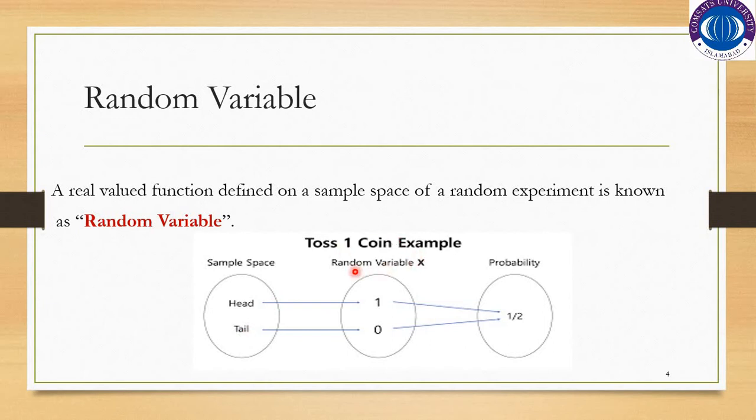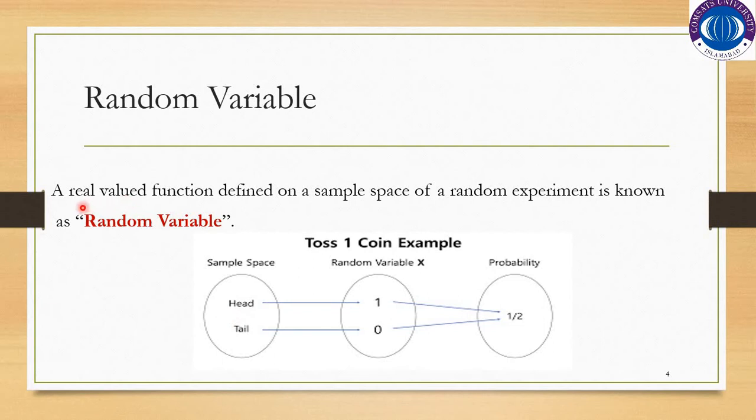Let us denote the random variable with X. You can find in some books it could be X, it could be Y, it could be Z. Usually the capital letters of the alphabet, and mostly the last capitals of the alphabet, X, Y, Z, etc. Now what we are going to do, we simply associate a number with the possible outcome.